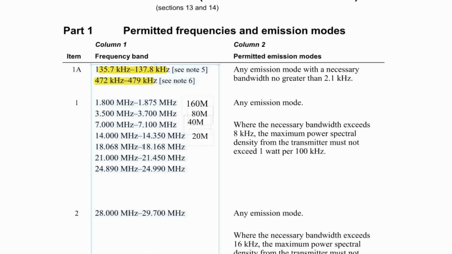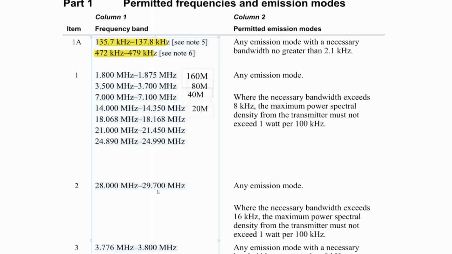And there's 18 to 18068, 168. 15 meter band, 21 to 21450, that's a big band. And the 10 meter band is also a very big band. There's a 10 meter band there, I should say.